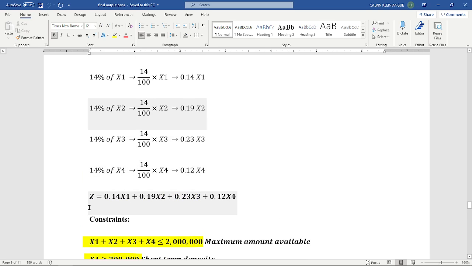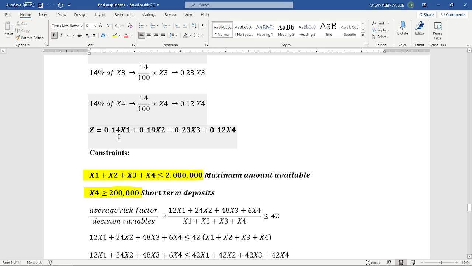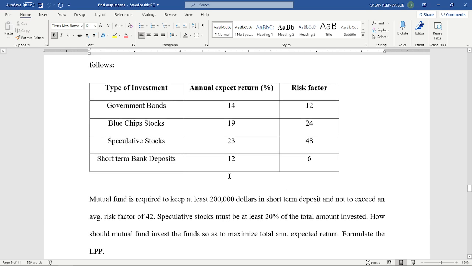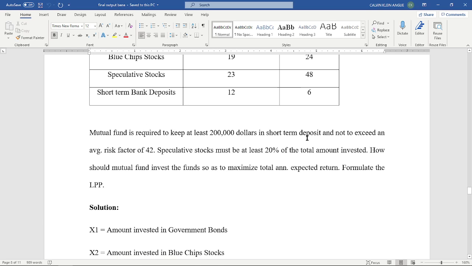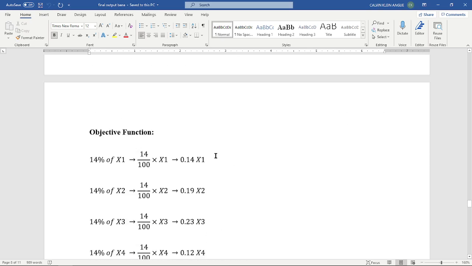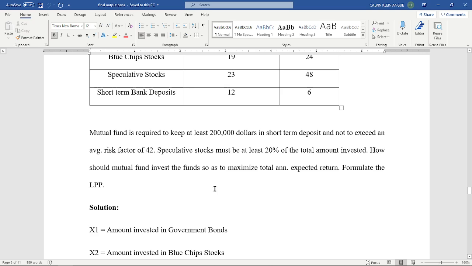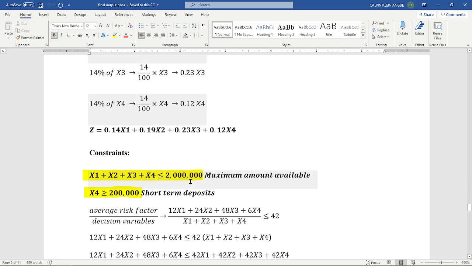So when you put it together, the objective function will be 0.14 x1 plus 0.19 x2 plus 0.23 x3 plus 0.12 x4. So the maximum amount available is $2 million.